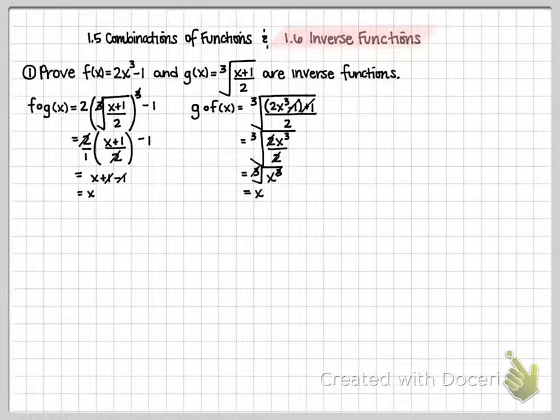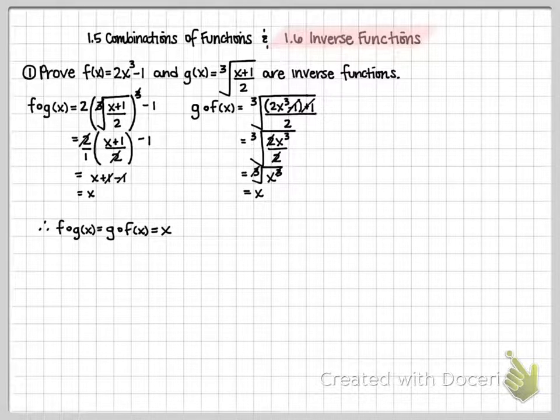Now, when we take a look at this, we have that f of g equals x and we have g of f equals x. So now I just need to make a statement at the end. So therefore, and there's just a couple ways you can do this. You can say it in whatever words you want as long as you're saying the same thing. Therefore, f of g of x equals g of f of x equals x.